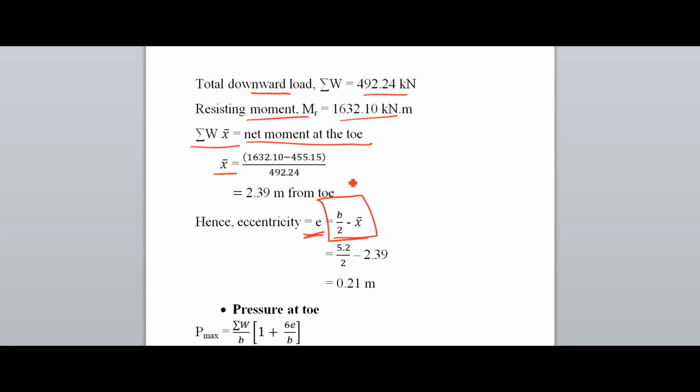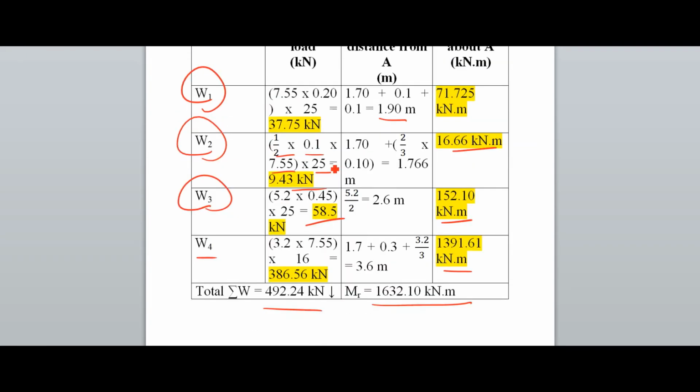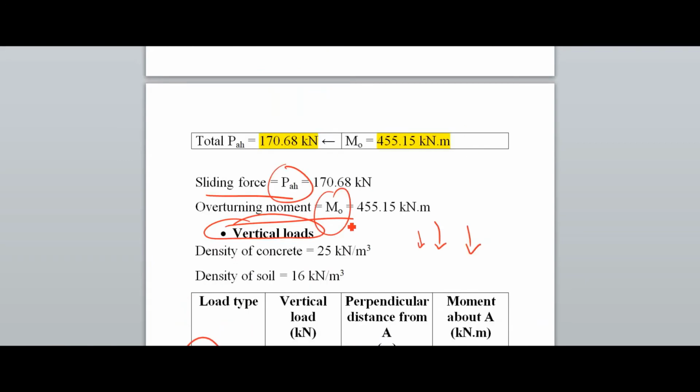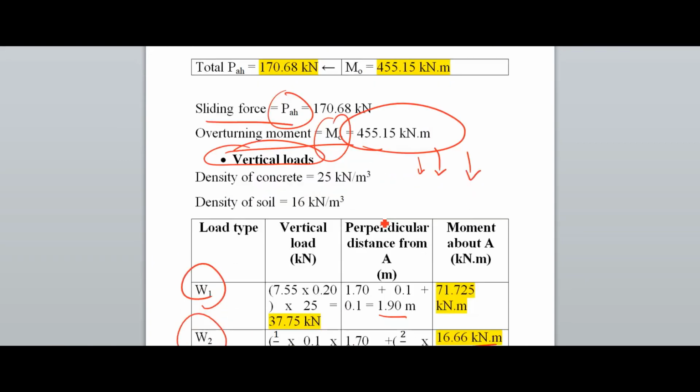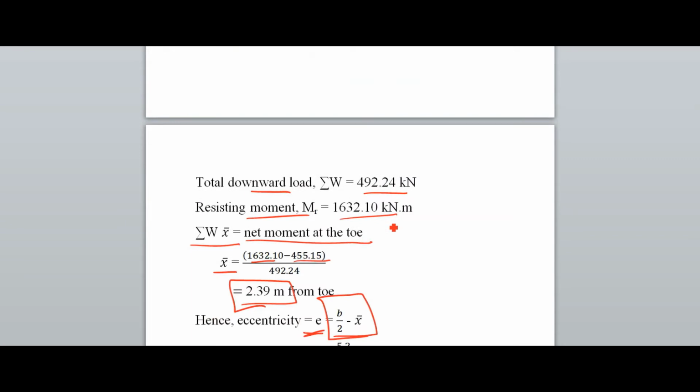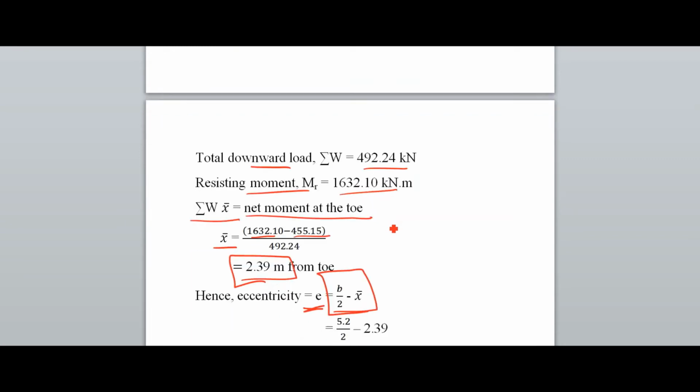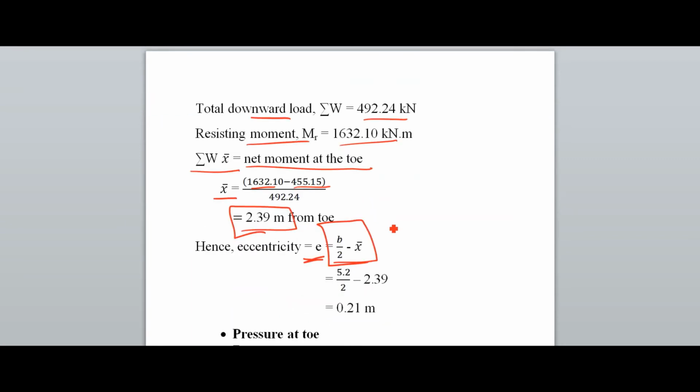So x bar is 2.29 meter from the toe. Why this 1632 minus 455? Resisting moment minus overturning moment. This gives the net moment at the toe.